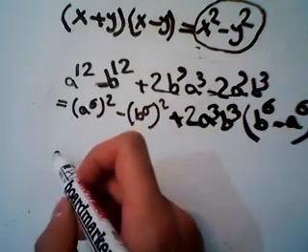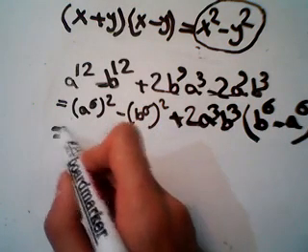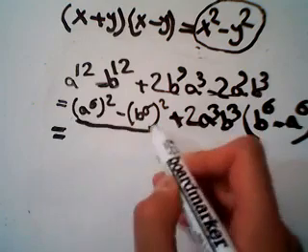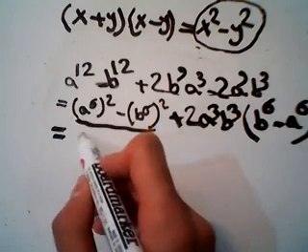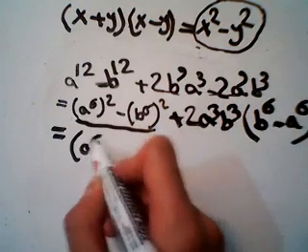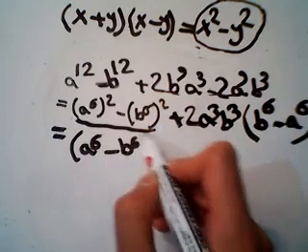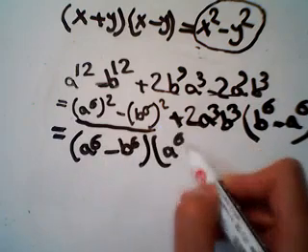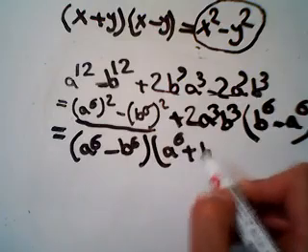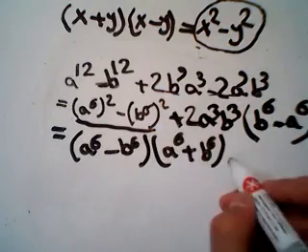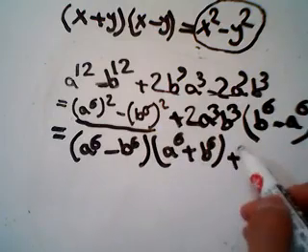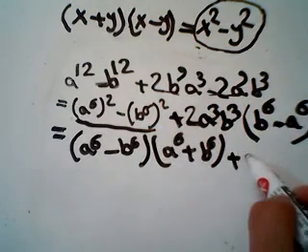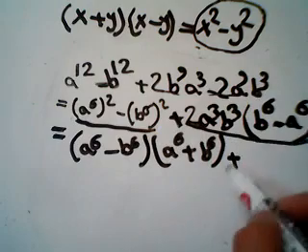So this is, according to that, a to the power of 6 minus b to the power of 6 times a to the power of 6 plus b to the power of 6, plus this one. I'm not gonna write it down here. Plus this one.